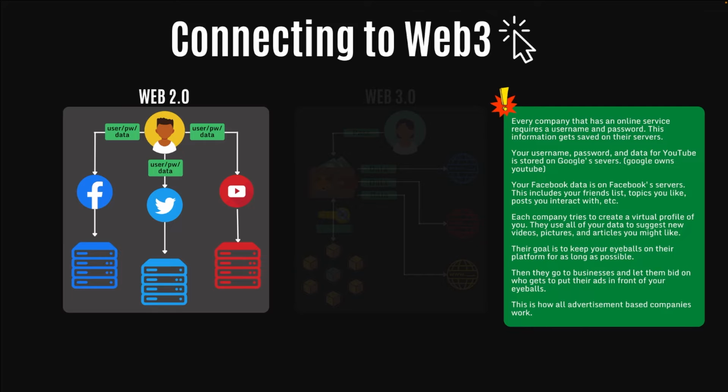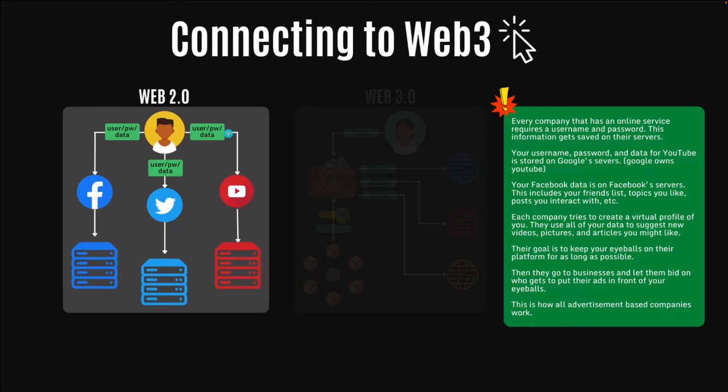Okay, so every company that has an online service requires a username and password, right? This is how the information gets saved on their servers. So if you're logging into YouTube, they have your own username and password. You log into YouTube, all of the activity that you have on YouTube gets stored on their servers, right?